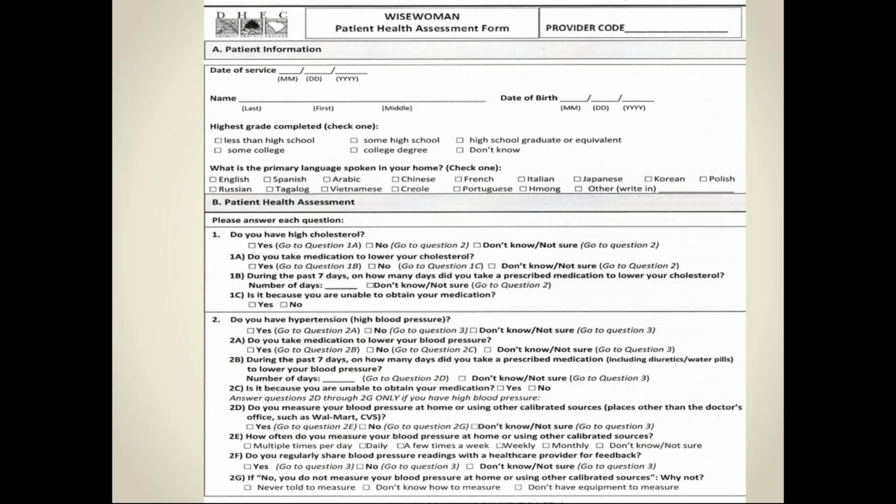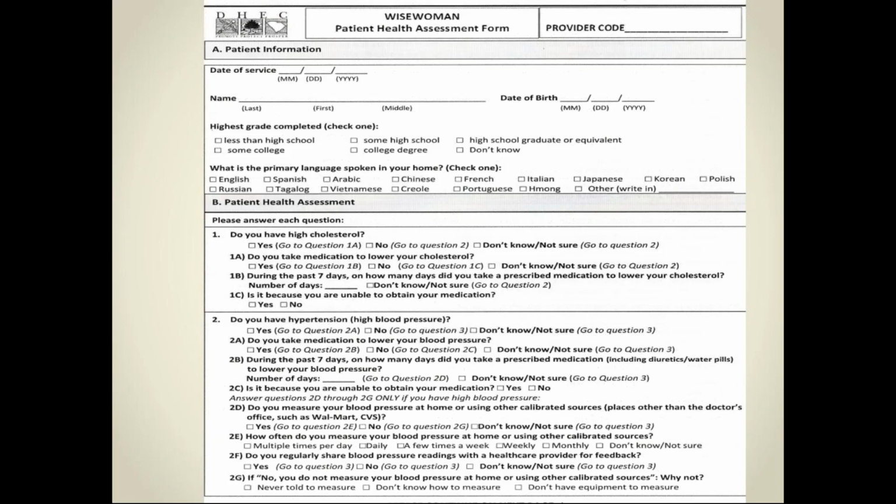But if your answer is yes, that patient would check yes, go to question 2A, answer that question. If it is yes, then they would go to 2B. If the answer is yes for those questions, the patient must answer question 2D and 2E and 2F.